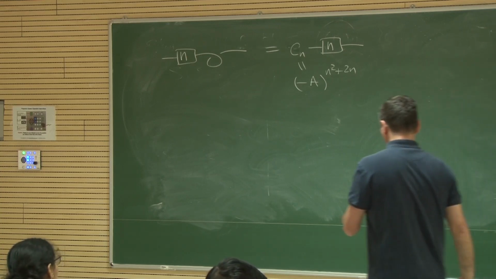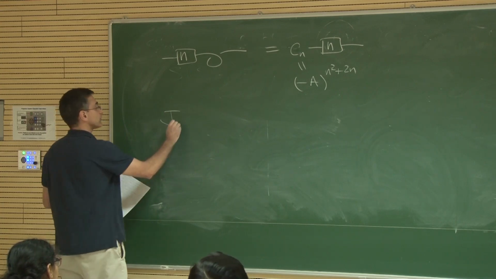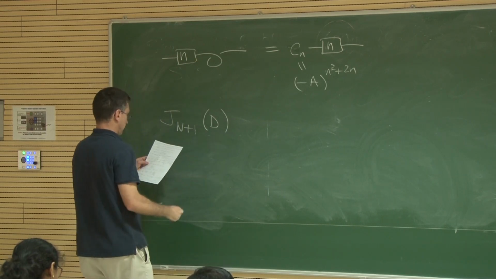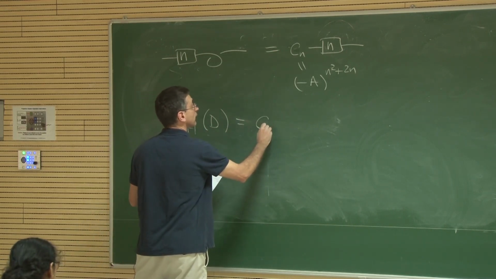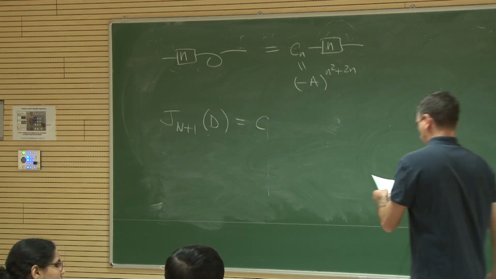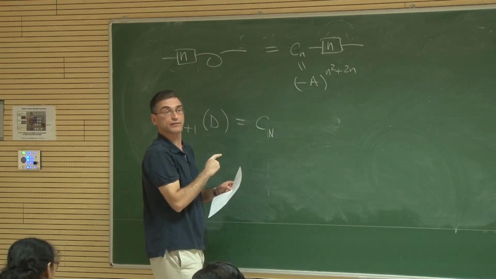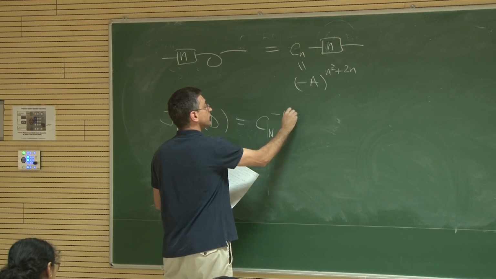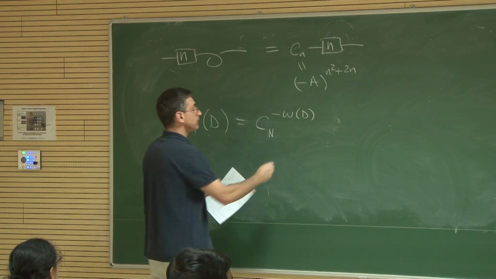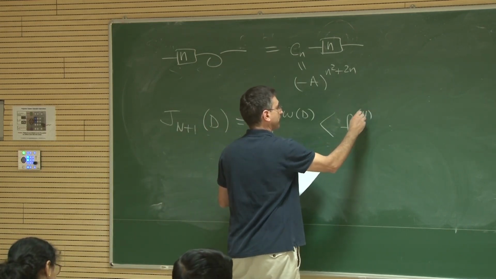We will define the color Jones polynomial. This is the skein theoretic definition of the color Jones polynomial. J_{n+1} of D is equal to C_n, this twist guy, to the power minus the writhe of D, that's the framing adjustment, times the colored Kauffman bracket over there.